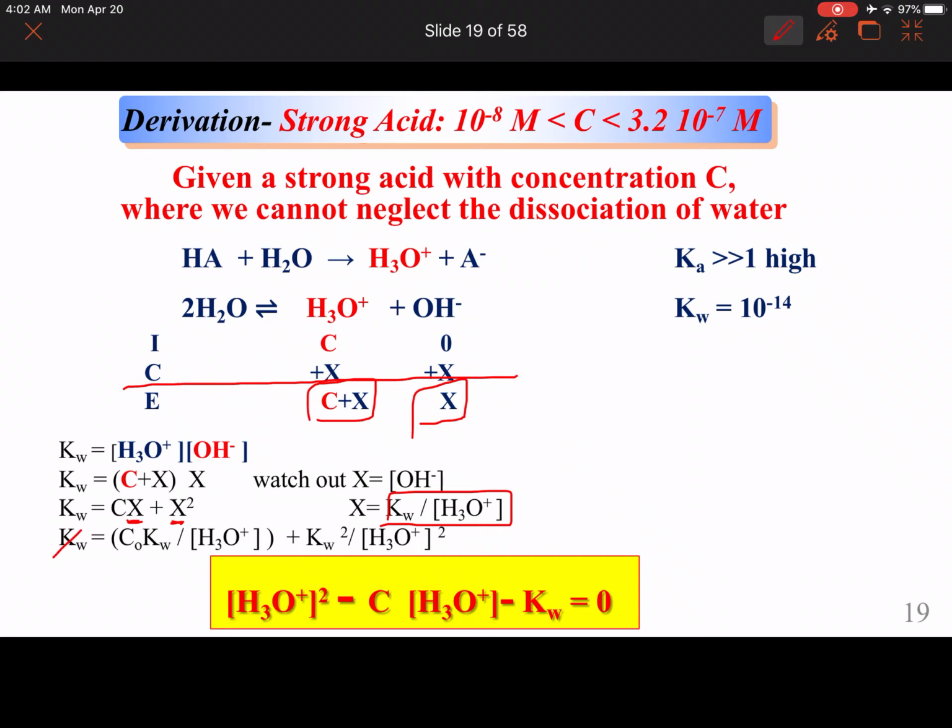You get rid of all the Kws, one of them is gone, and then you multiply by H3O plus on the denominator, and it's easy to derive in case you forget it. I still recommend that you simply memorize it, but in case you forget it, just use the autoionization of water, and for the H3O plus, use the concentration of the acid that you have originally in the solution, which is actually quite a dilute concentration, right?